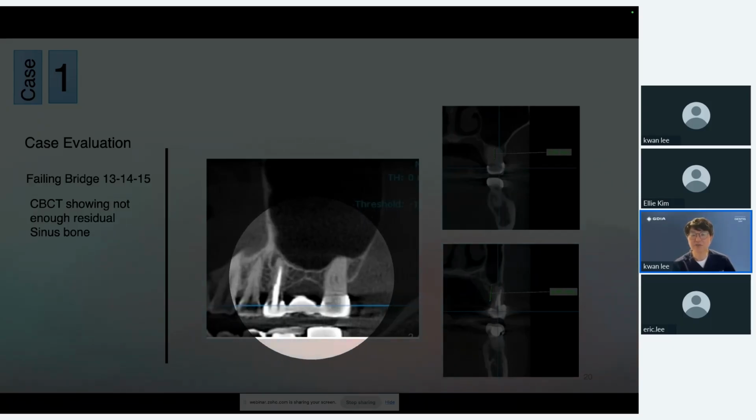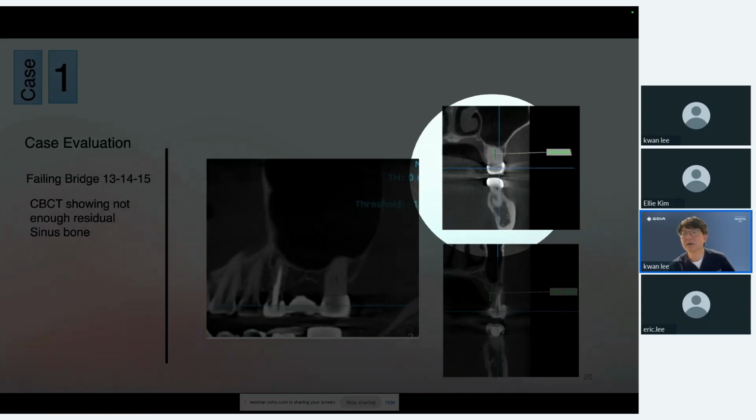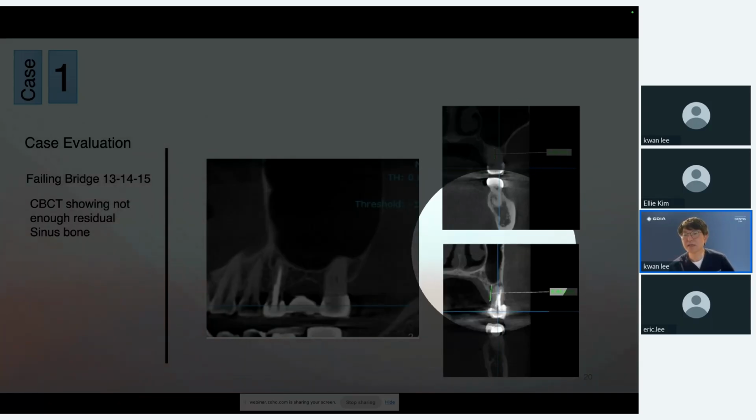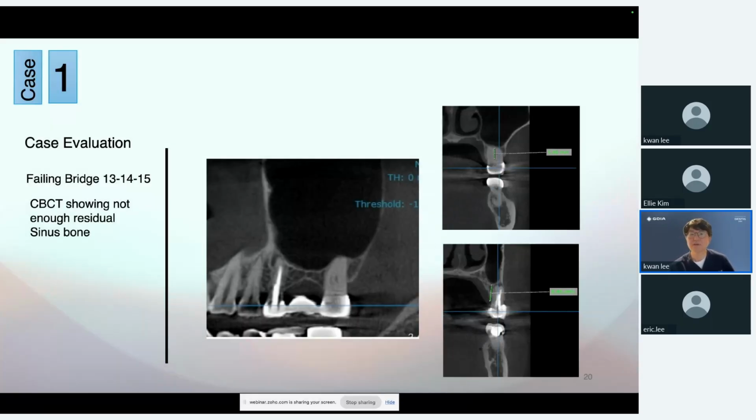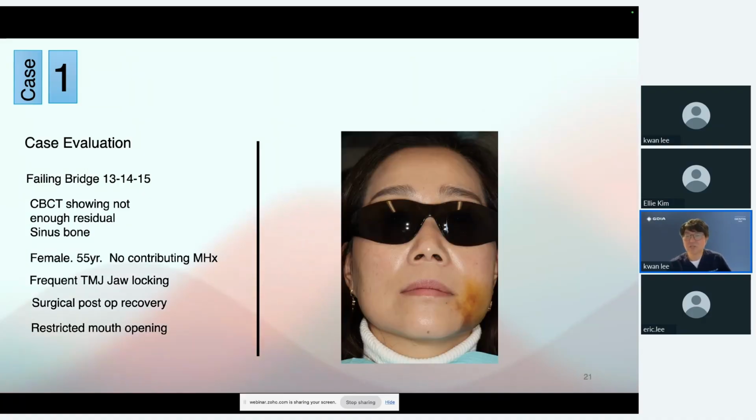After the teeth are extracted, I'm right back to the sinus chamber. Sagittal view: I don't have that much residual bone height here. So when I'm looking at this type of CBCT, I'm probably just going to say, okay, there's not much residual bone height, let's do the lateral sinus approach.